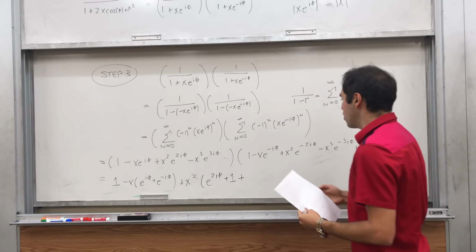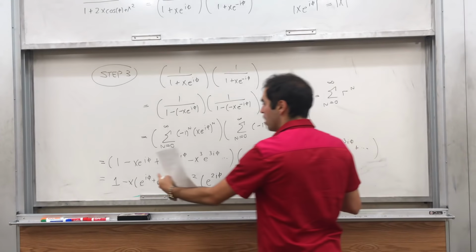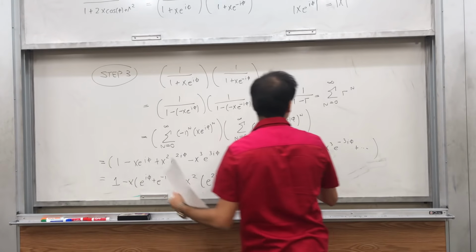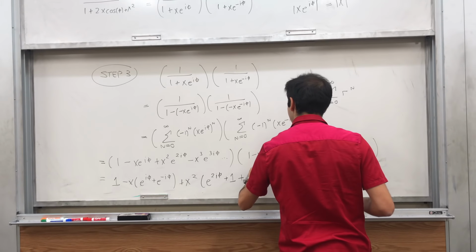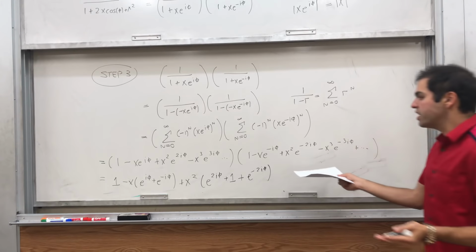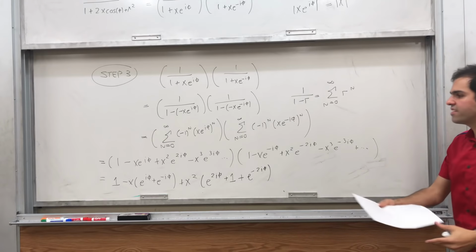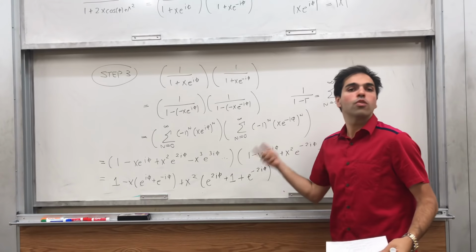And lastly, another way of getting x squared is doing 1 times x squared e to the minus 2 I phi, so e to the minus 2 I phi. And you can check this is the only way of getting x squared.